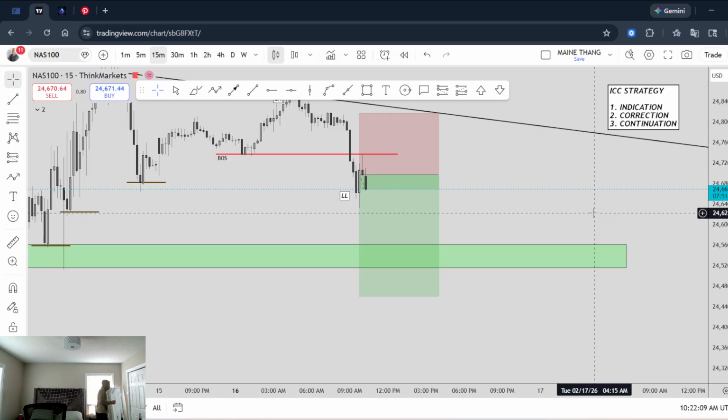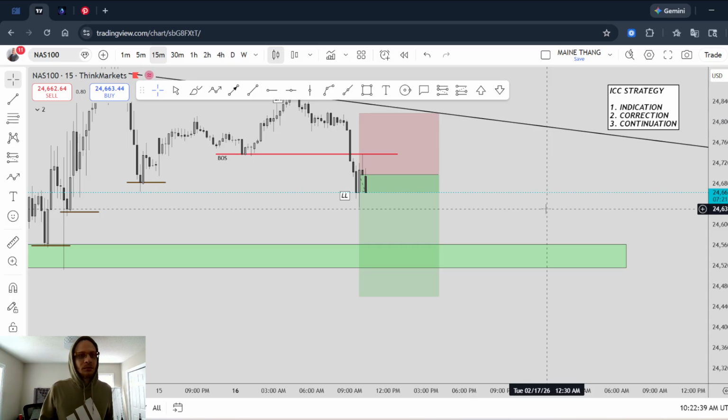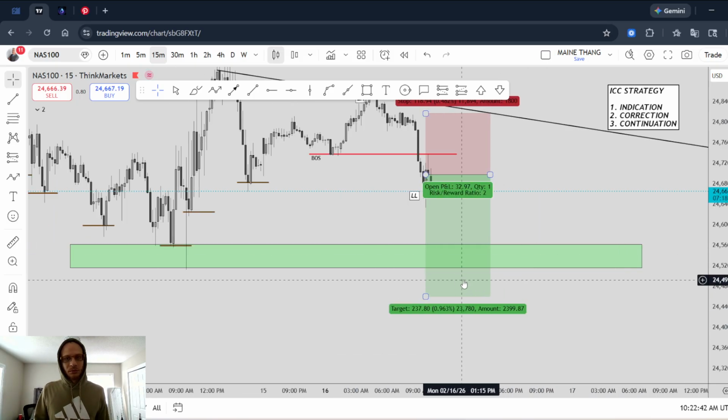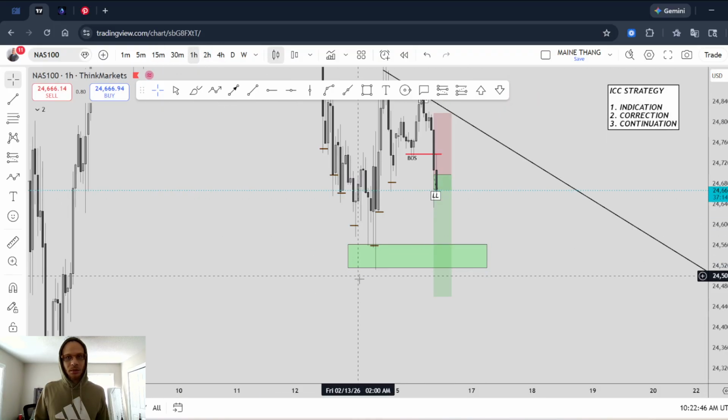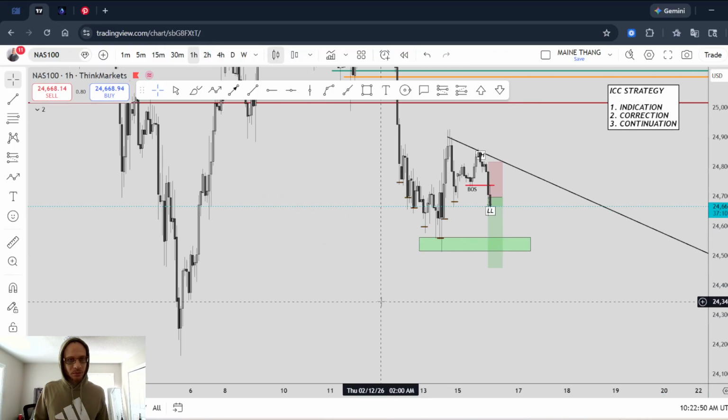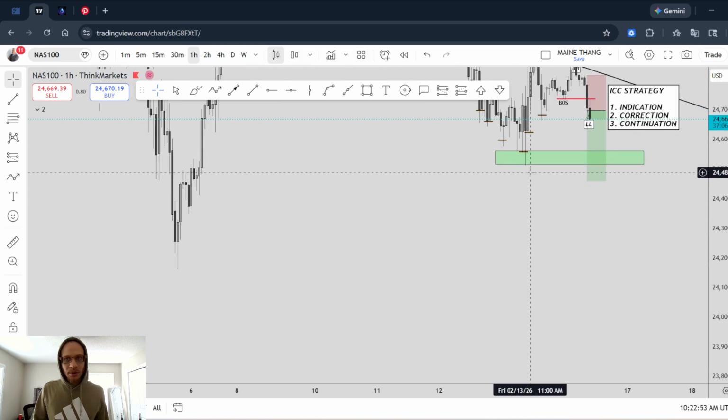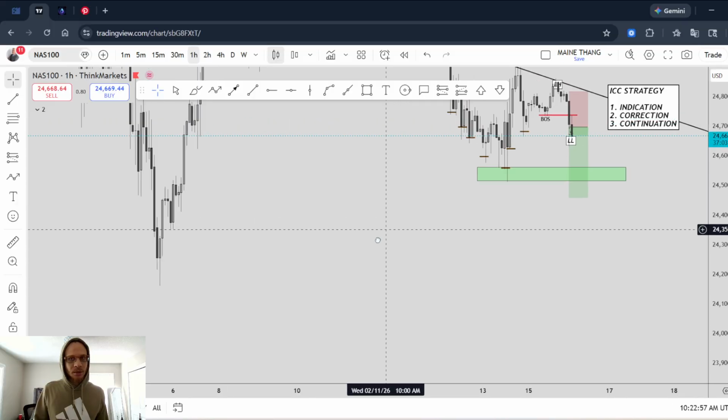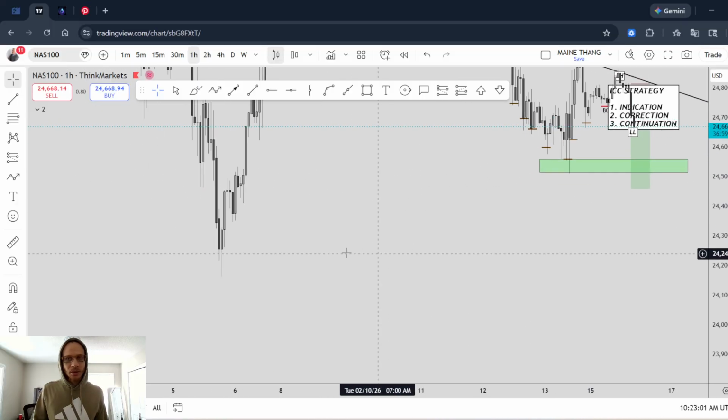On the hour, does it break this low? This area is nice as well.